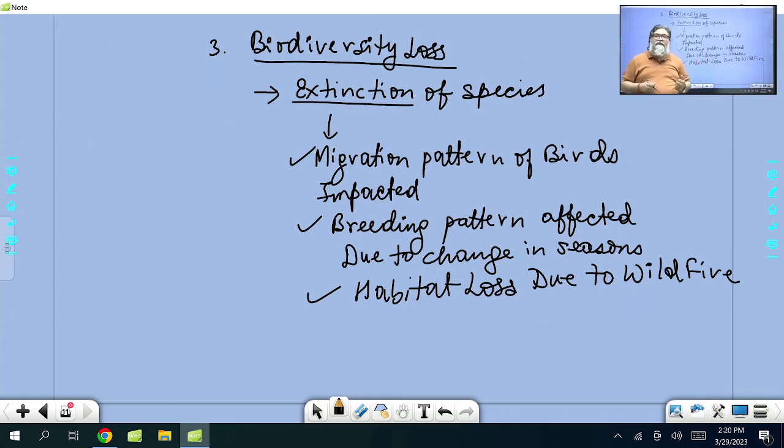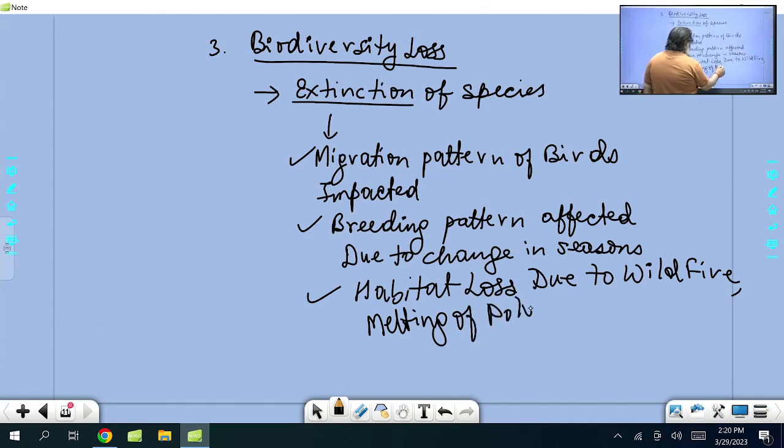Polar bear, which lives in the Arctic, if the Arctic ice melts, polar bear will die. Polar bear will not have a place to live. Penguins will not have a place to live when the ice will be melting. So again here, due to wildfire, habitat loss. Then again, melting of polar ice. So habitat loss will be there. So a lot of that impact will be there.